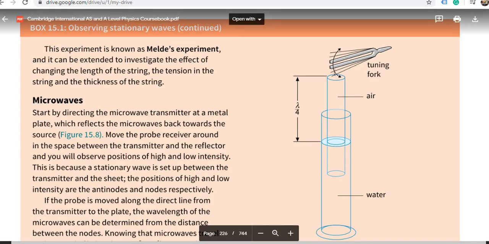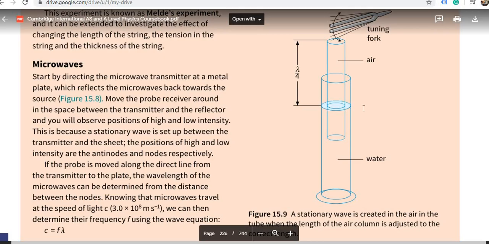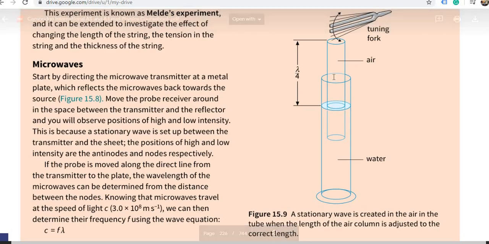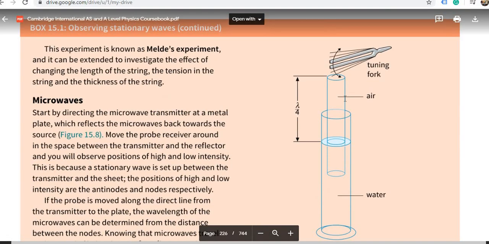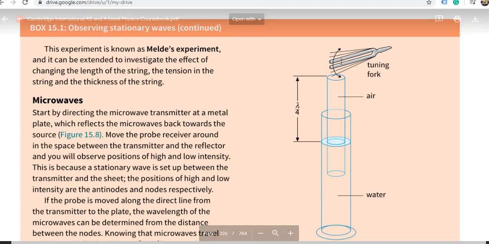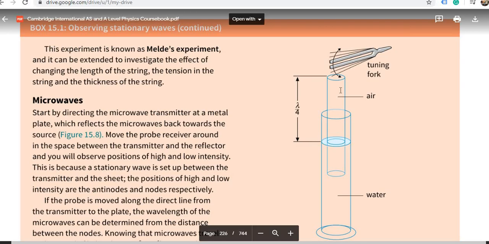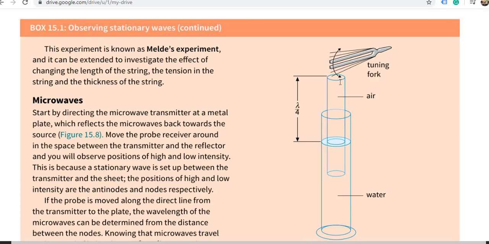Now the tube is hollow and it's open at both ends, here and here. And here we can see we have a measuring cylinder with water filled. Now what happens is when you lower this pipe, with both ends open, you lower it with the tuning fork right above it. And what happens is the length of the air column changes.